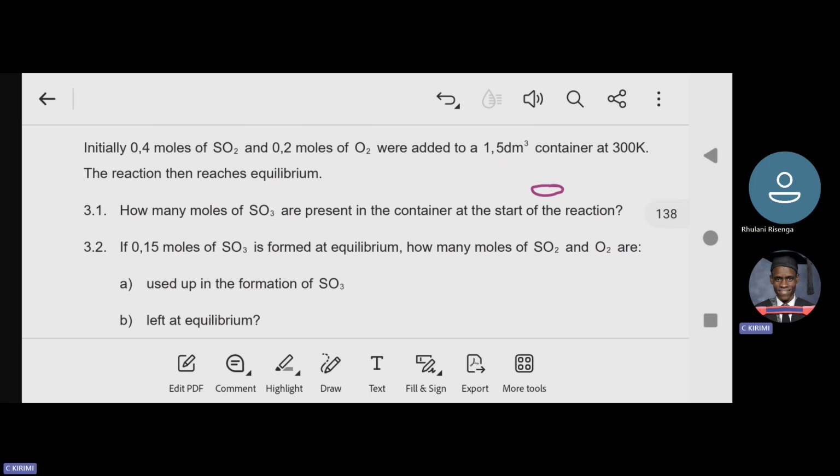If 0.14 moles of sulfur trioxide is formed at equilibrium, how many moles of sulfur dioxide and oxygen are used up in the formation of sulfur trioxide, which means reacted?